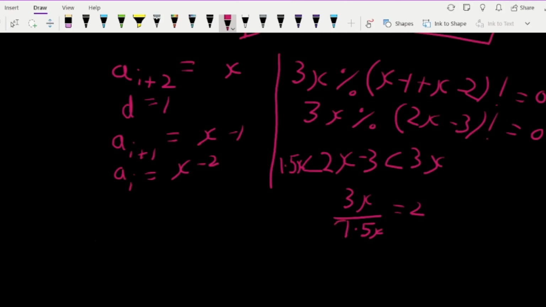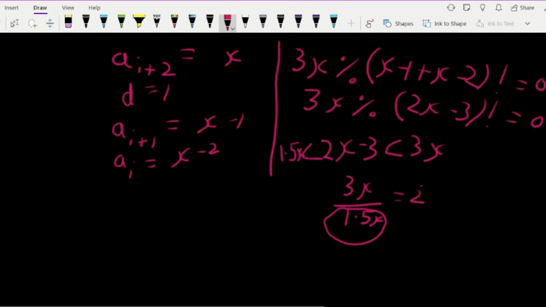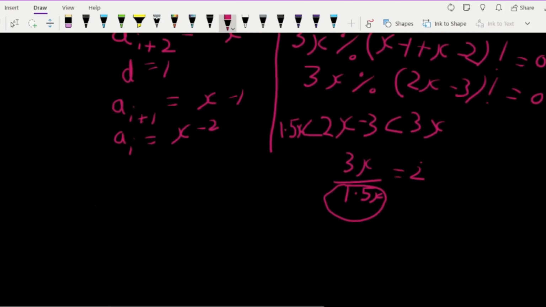So this particular denominator, if we keep it between 1.5x and 3x, then any number between 1.5x and 3x will not divide 3x, right? So we will take this particular logic and see where we should start the sequence.